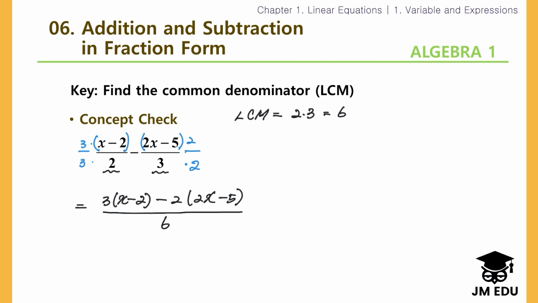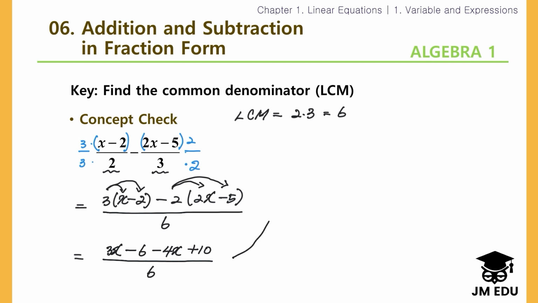right? Now we're going to simplify this. So that's going to be equal to 3x, right? 3 times x. 3 times minus 2, that's minus 6. Here, minus 2 times 2x, that's minus 4x. Minus 2 times minus 5, that's plus 10, right? Over 6. So this expression is equal to, here we're going to group like terms.